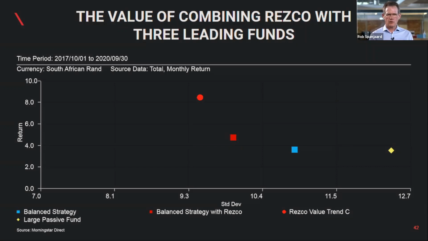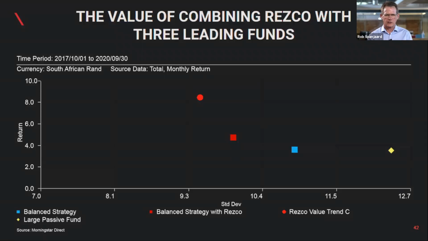Then the blue dots are three really good balanced funds, ones that are large and used a lot. Decent funds, some of them have a place in every portfolio, and I'm pretty sure a lot of people are using them. If you add Rezco, because you can see where the red dot is, these are 3-year numbers, Rezco's return is higher and volatility is much lower.